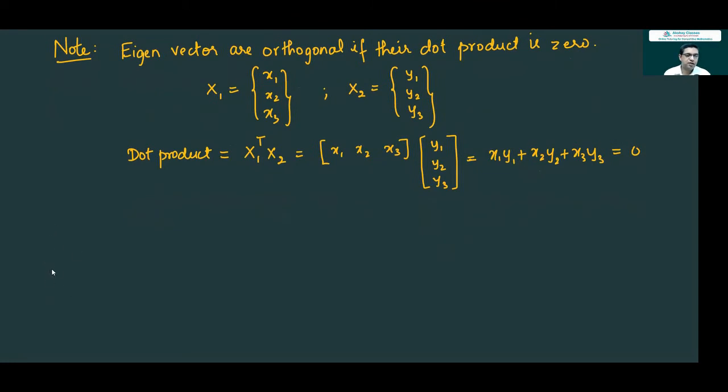so that is one. Now the last of it, important concept, diagonalization. Diagonalization of a matrix.